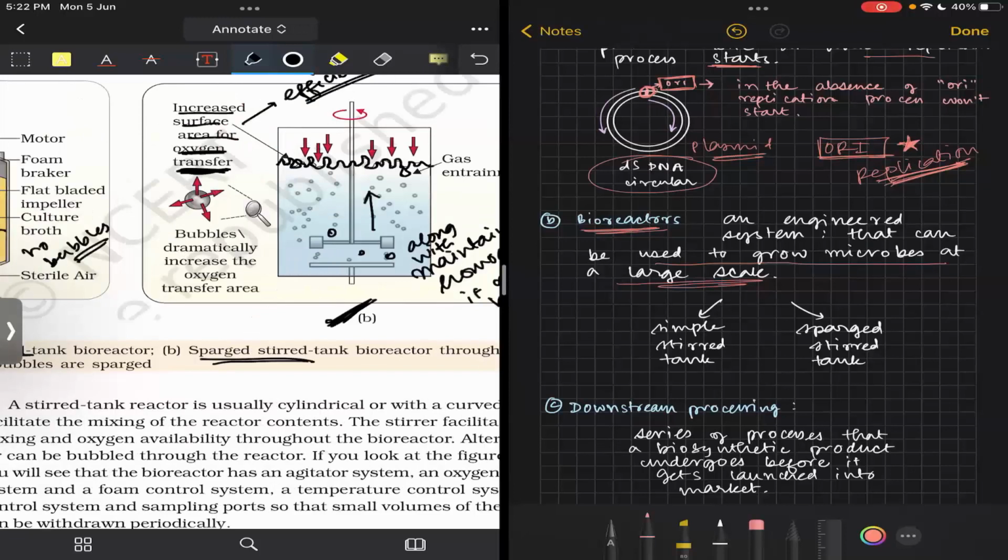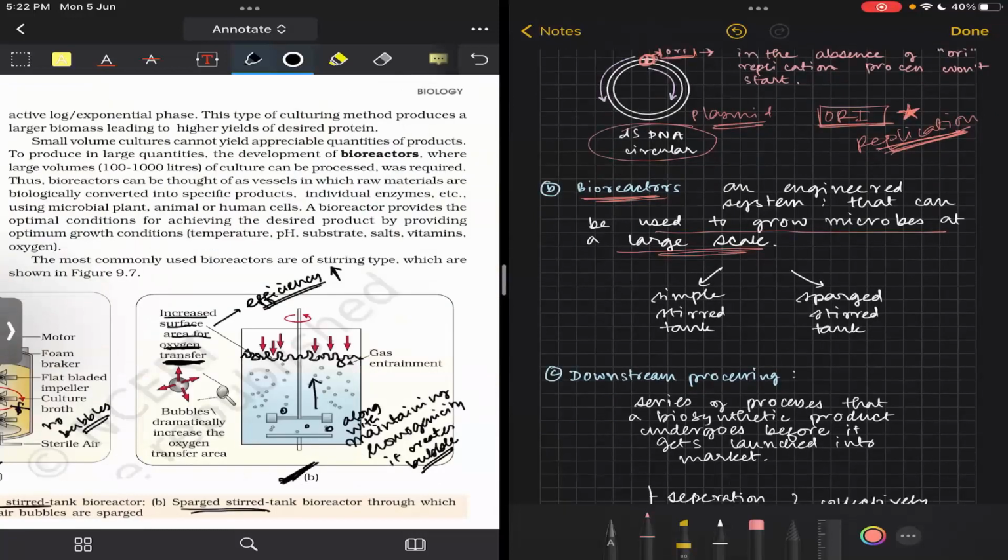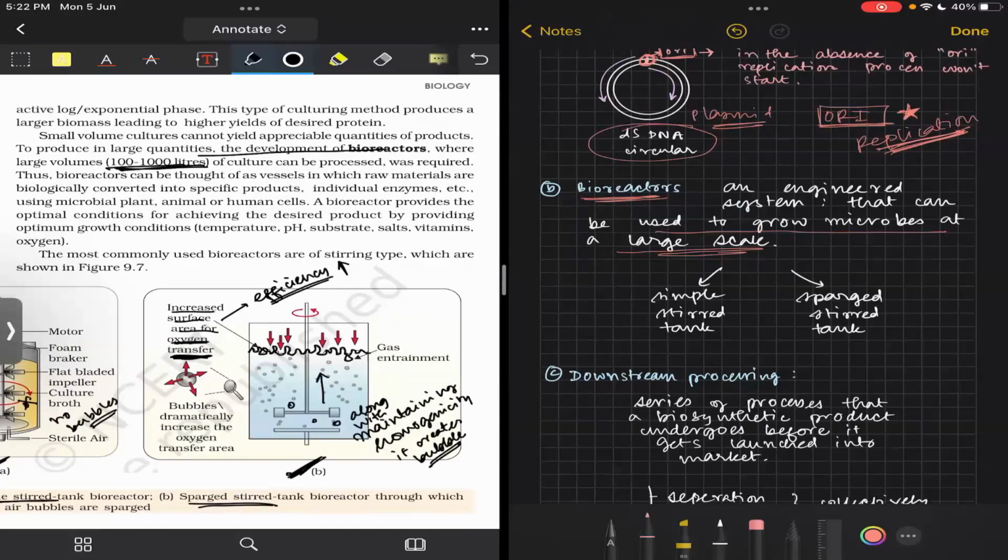So this is bioreactor, and you can just read it. What are bioreactors? These are generally used to produce the products at large volumes, in hundreds or thousands of liters, and that is it. Bioreactor provides the optimal conditions for achieving the desired product by providing optimum growth conditions.